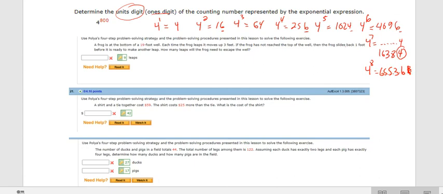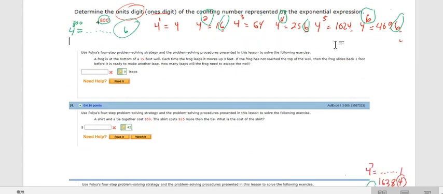So now we've got to figure out when does it end with the 6 and when does it end with the 4. So if you notice here, anytime that the power is an even number, then it's ending with the 6. So what you want to ask yourself is, is 800 even or is it odd? So 800 is even. So that means that this number is going to end in a 6. So my answer would be 6.